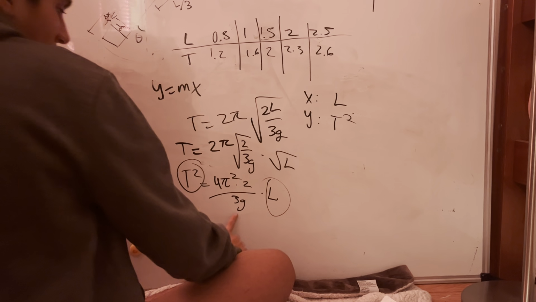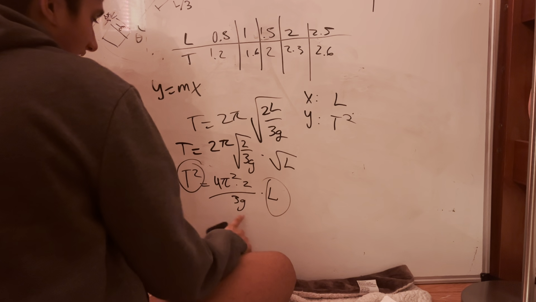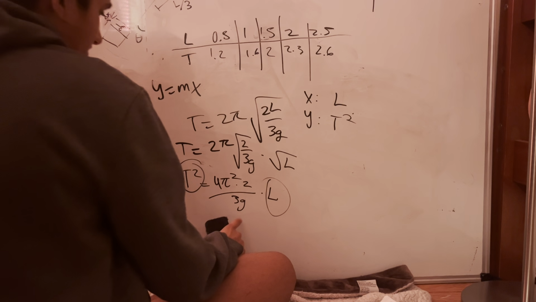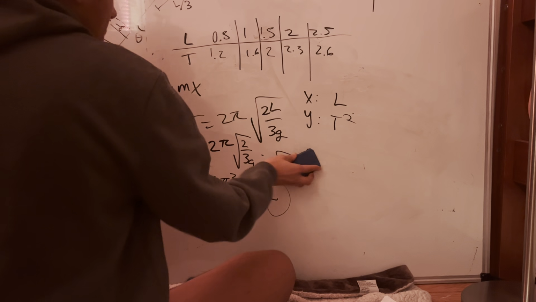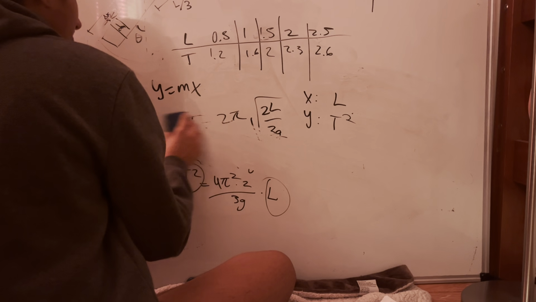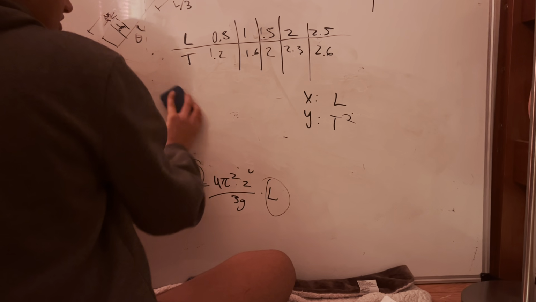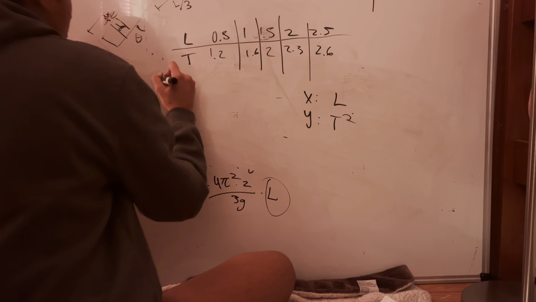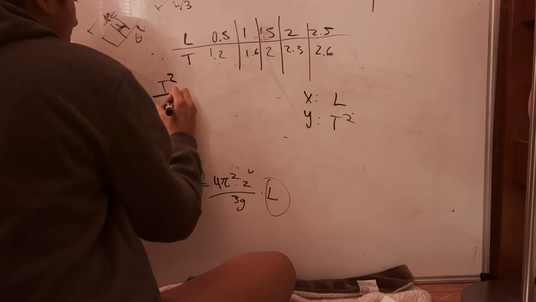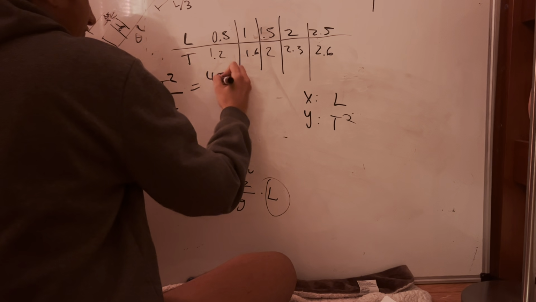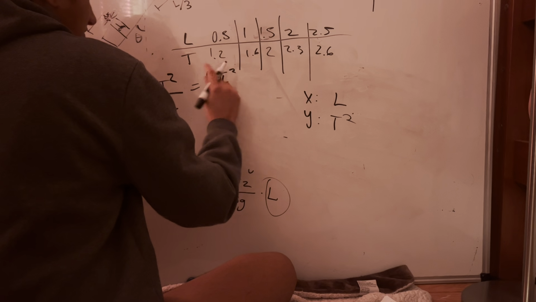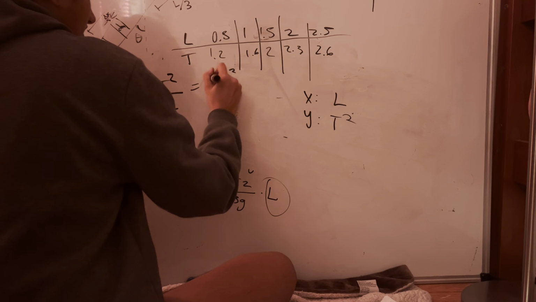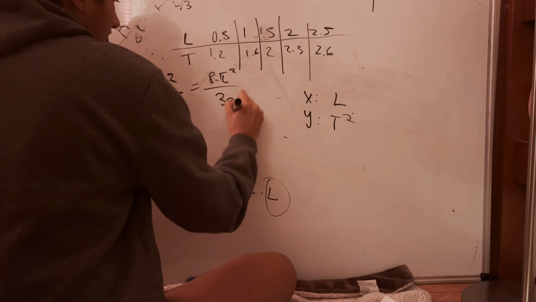And so we see here in our m of this graph that g is involved. So now let's just rewrite this so that the slope is a little bit cleaner. And what we can do is we can just divide by L. So what we're going to get is T squared divided by L is equal to 4 pi squared times 2 over 3g, which I'm just going to write as 8 pi squared over 3g.